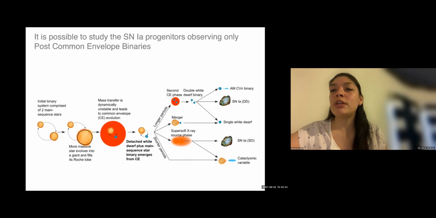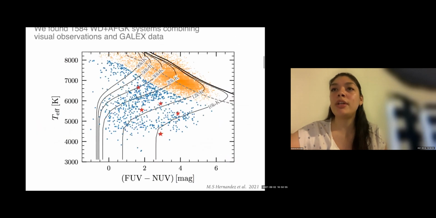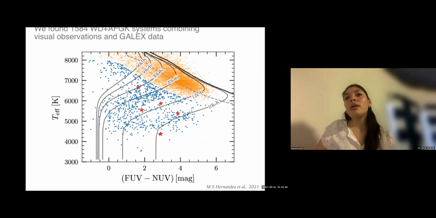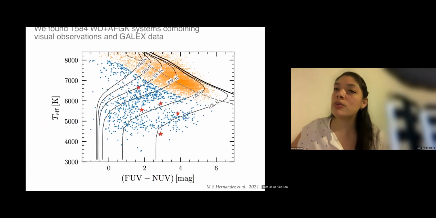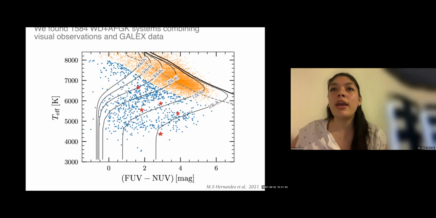We combine optical observations with ultraviolet observations from GALEX and selected all those A, F, G, and K stars that show ultraviolet excess, shown with the blue dots. After observing them and confirming the binarity, I performed follow-up observations with high-resolution spectroscopy, measuring the radial velocities to calculate the orbital period.